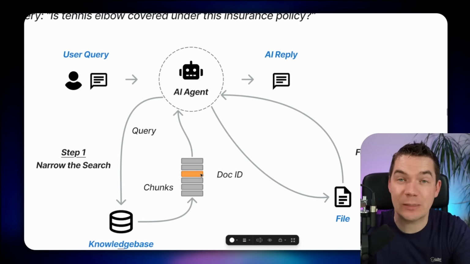From there, it's able to send the document ID that's in the metadata of the chunk to fetch the entire file, and it brings all of that into context, at which point it's able to generate a comprehensive and accurate answer.